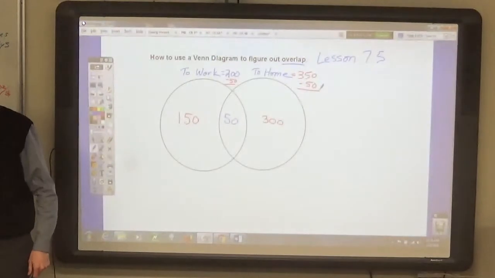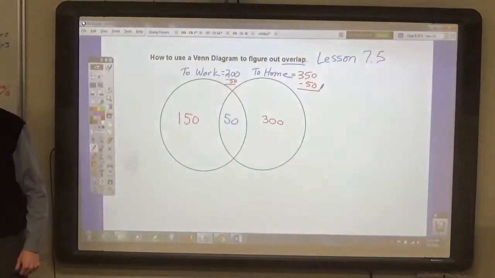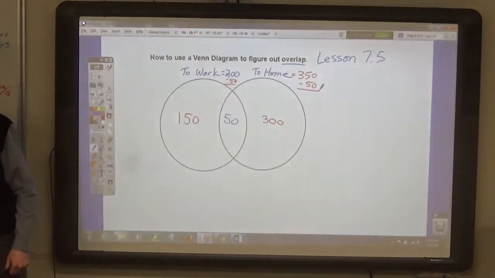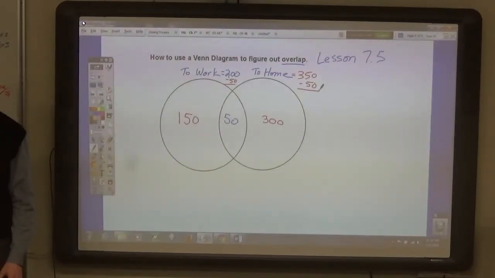Now, look at the next page, page 213. This is the one you're going to do. Venn conducted a survey about the methods of transportation used by a group of commuters.